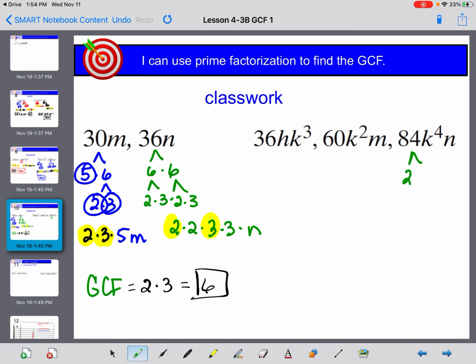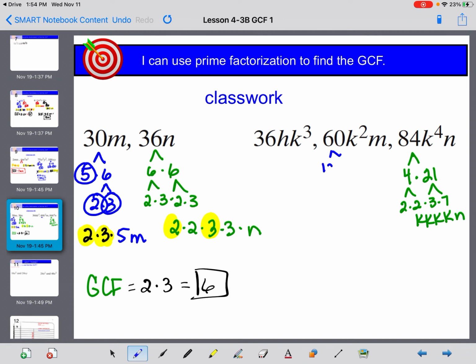All right, 84. We're going to start over here. 4 times 21, 2 times 2 times 3 times 7. These are all prime. And then there's k, k, k, k, n.